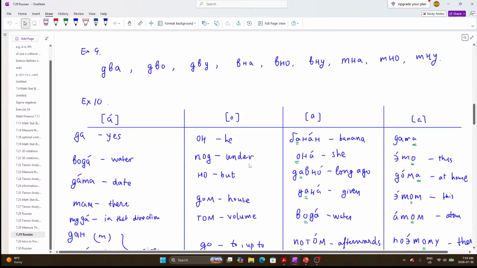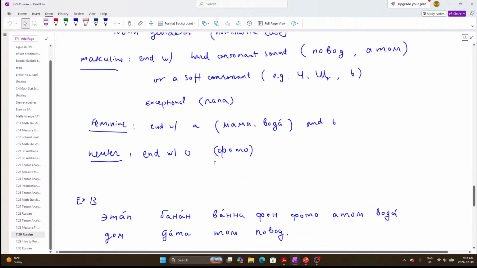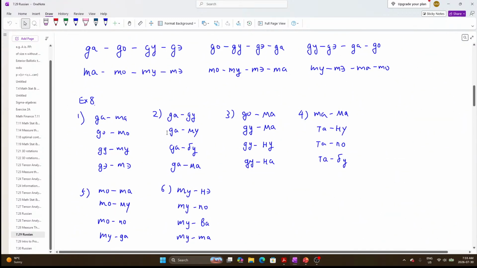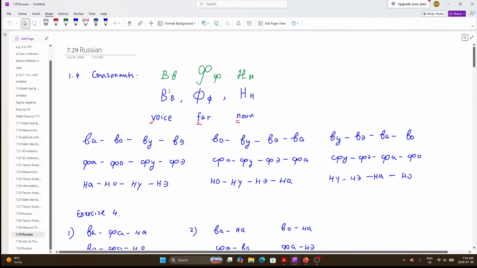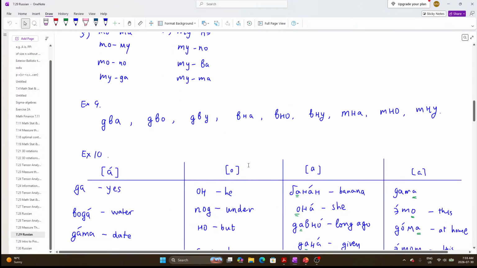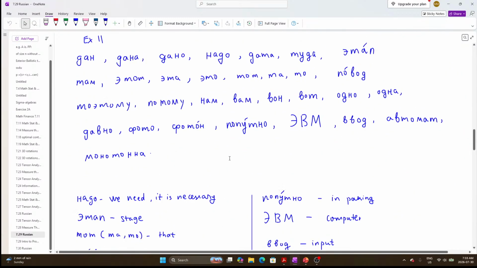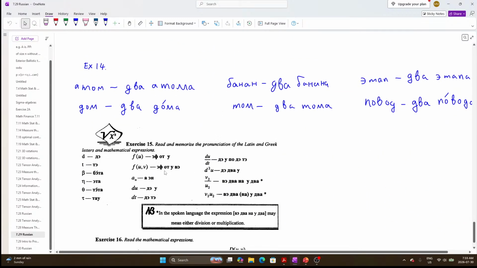Yeah, this was the notes from yesterday. V, f, n, d, t, and some vocabulary, I believe, which is nice. And today we're going to do the next exercise here.